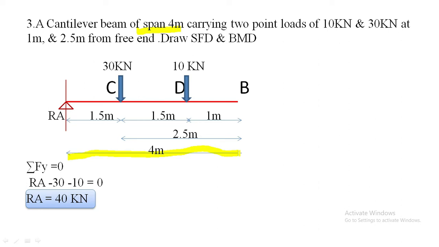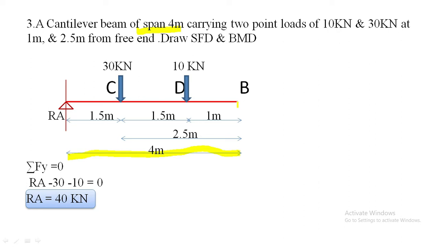Then carrying 2 point loads of 10 kilonewton and 30 kilonewton at 1 meter and 2.5 meter from the free end. Means the 10 kilonewton is present at 1 meter distance from the free end, and B is the free end.